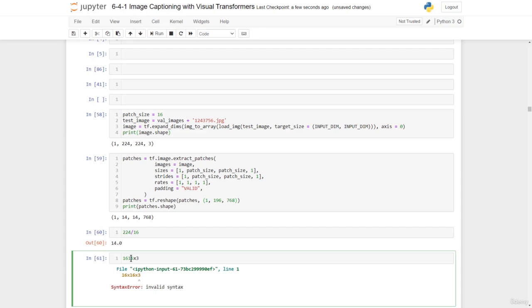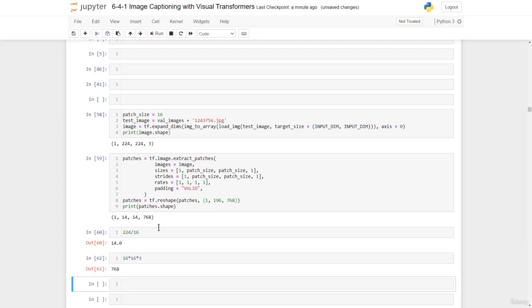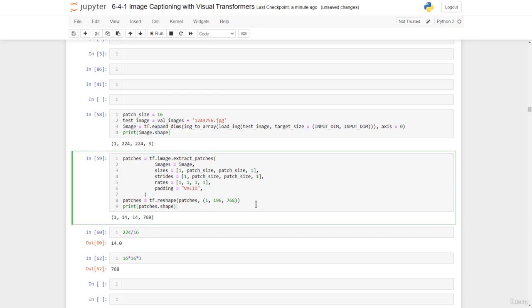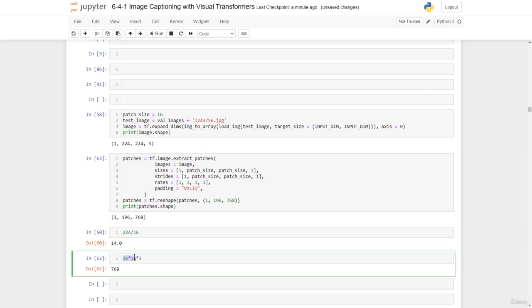We'll run this again. You see now we have our batch dimension, we have the N, and then we have P squared, that's 16 by 16 patch size squared, times the channel dimension as given in the paper.